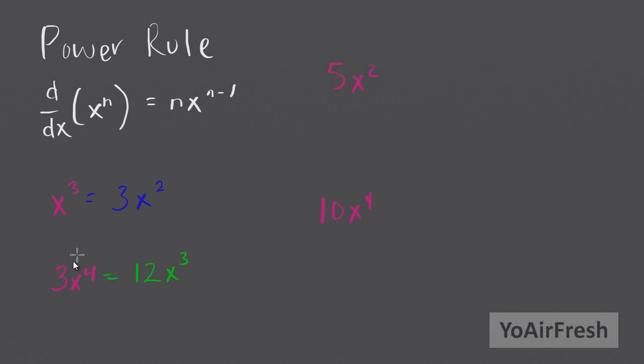You're taking the coefficient out and then multiplying it by the result that you get, which would have been 3 times the 4 there, x to the third, which equals 12x to the third. You can see how that works. Same thing up here, taking the 5 out, times the 2, move the 2 to the front according to this formula, 2x to the 1, which equals 10x.